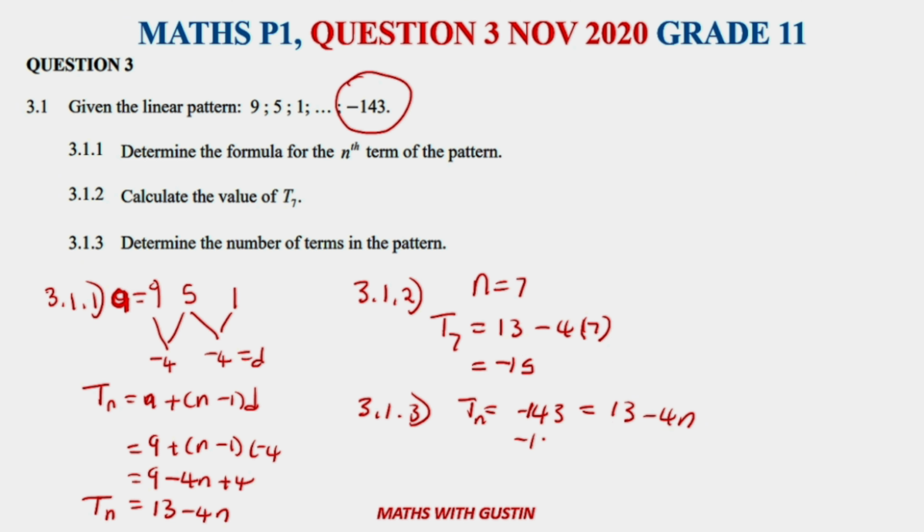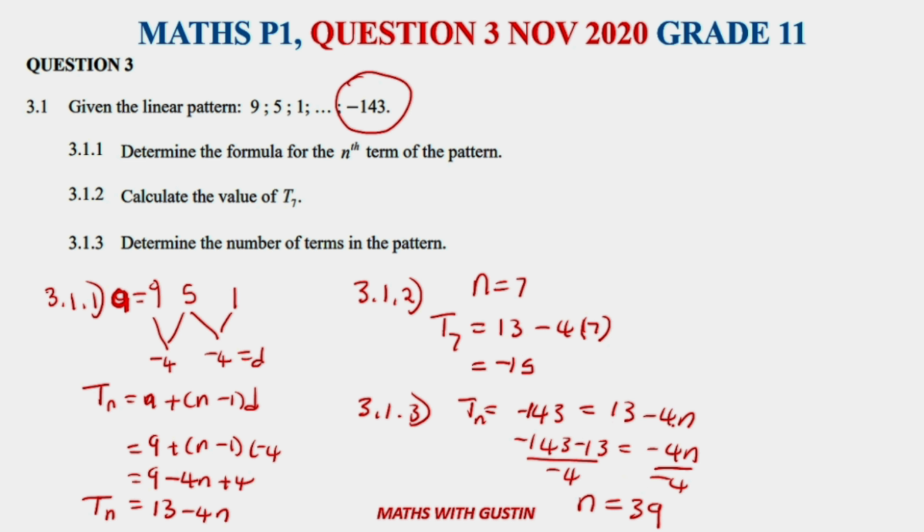Take 13 to this side: minus 143 minus 13 is equal to negative 4n. Therefore we divide by negative 4 on both sides in order to find n. If you punch this in our calculator, it is going to give you n of 39. The total number of terms in this pattern is only 39.